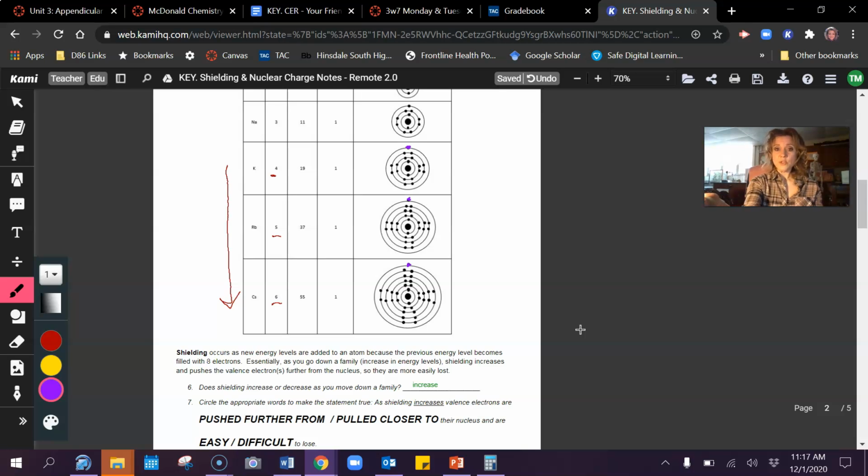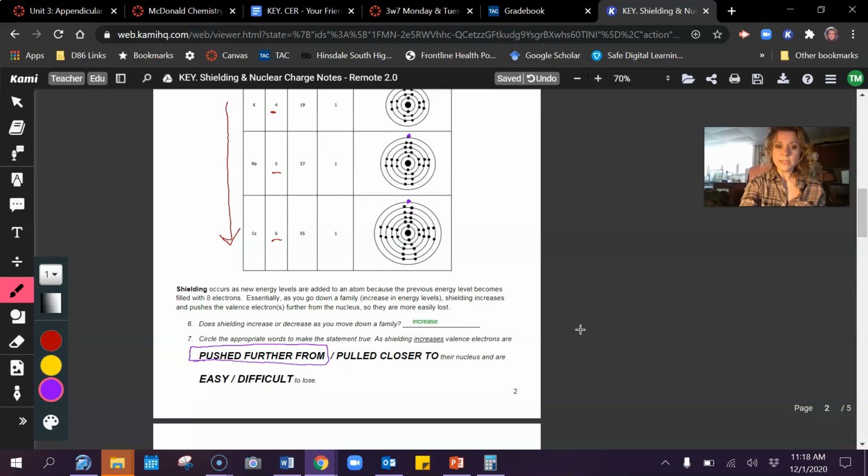So as you move down the family, and as shielding becomes greater, you are pushing that valence electron further away from the nucleus. And as we've already established, the further an electron is from the nucleus, the easier it is to lose.